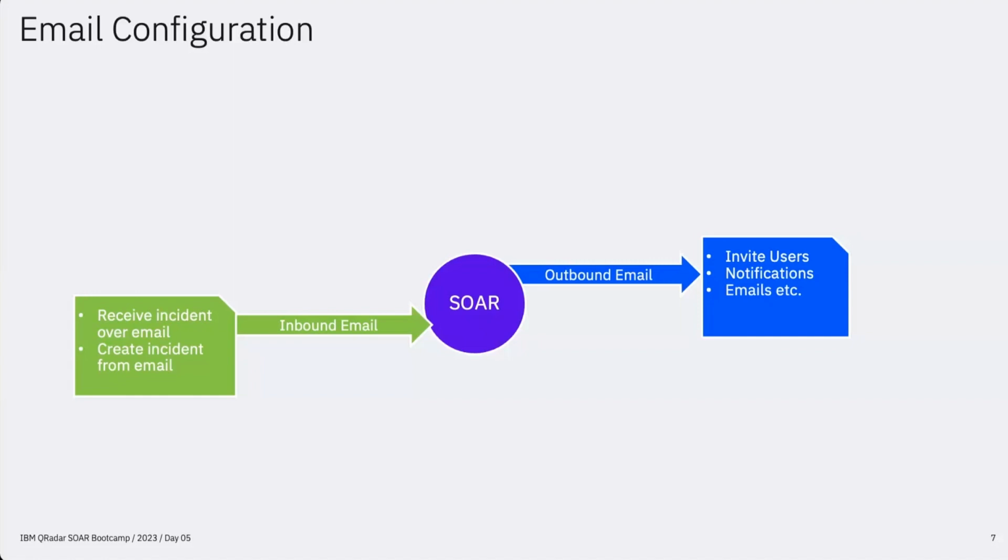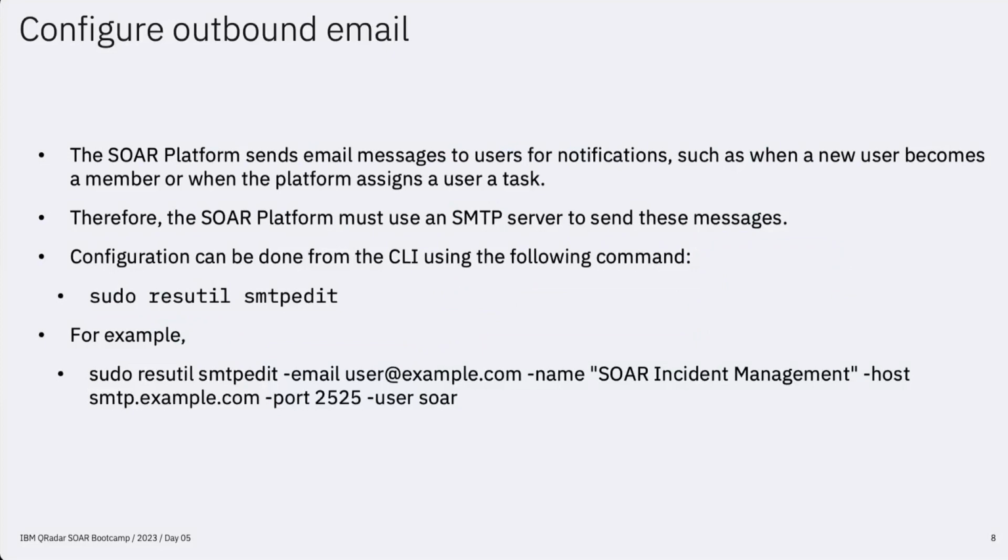If SOAR is configured with a proper mail server, it sends out an invitation to the mail address that you specify, with a link over the email so that they can register themselves on the platform with the role, of course, that you provide while creating the invitation itself. So this is about outbound email configuration.